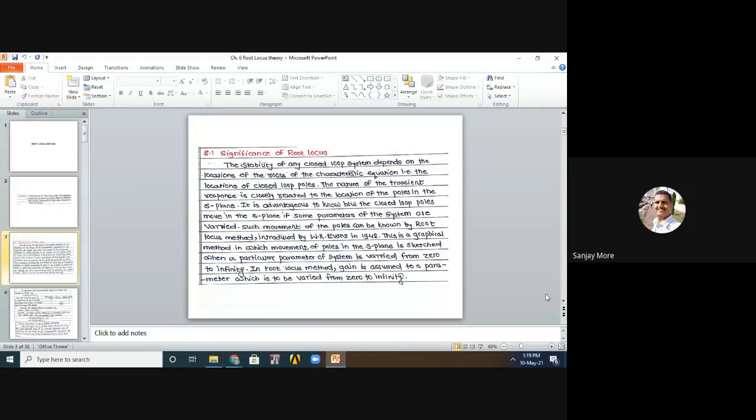It is a graphical method in which the movement of poles in the S plane is traced when a particular parameter of the system is varied from 0 to infinity. In root locus, gain is assumed as a parameter, for example K, which is varied from 0 to infinity.